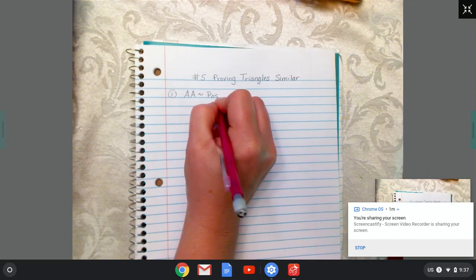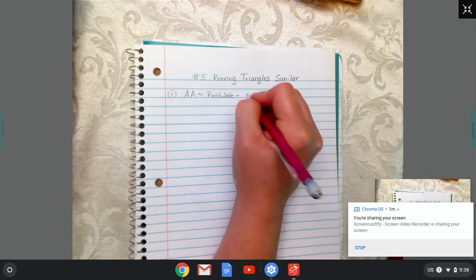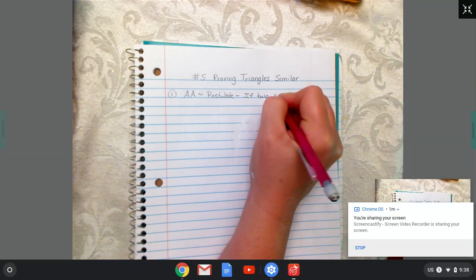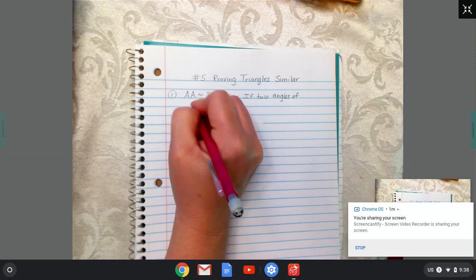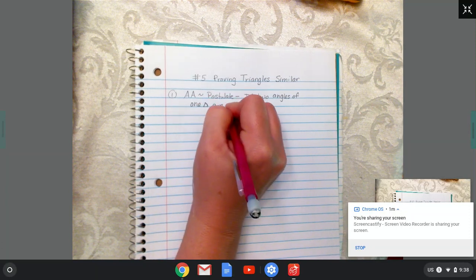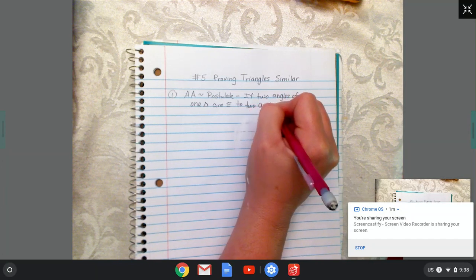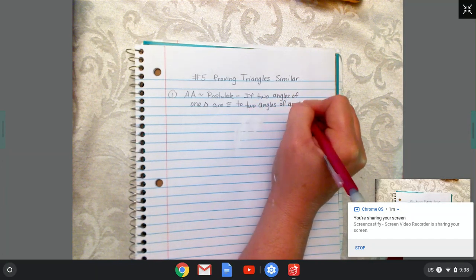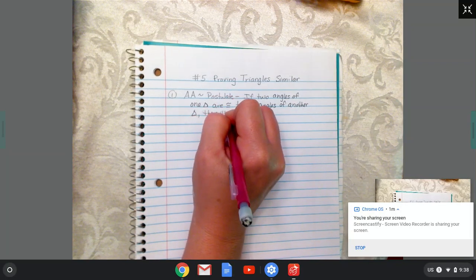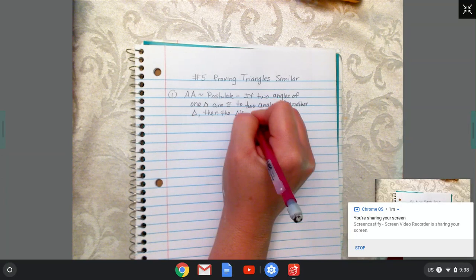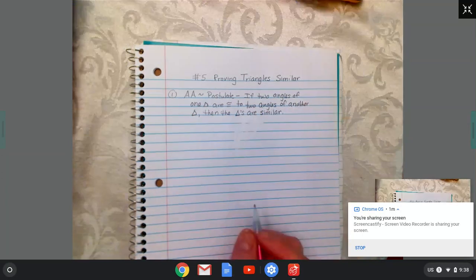This one's a postulate, and it states if two angles of one triangle are congruent to two angles of another triangle, then the triangles are similar. We're not saying they're congruent, we're saying they're similar.